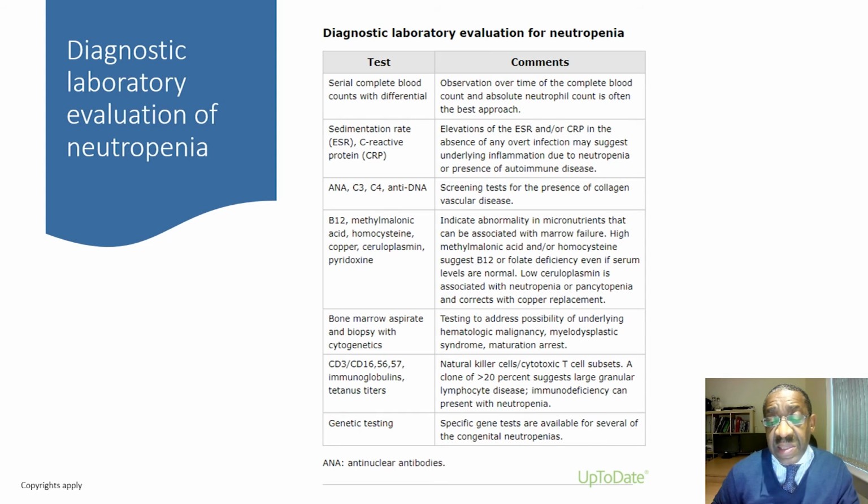This is a chronic T-cell lymphoproliferative disorder and commonly associated with neutropenia. But also importantly, the utility of molecular diagnostics and targeted gene mutations as well as next generation sequencing is playing a larger role in diagnosis of blood disorders and neutropenia as well.